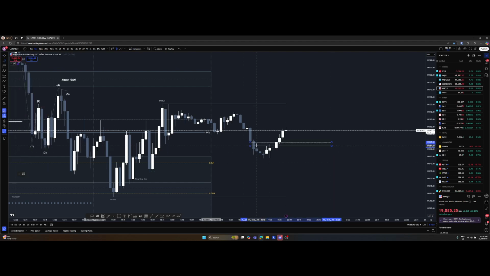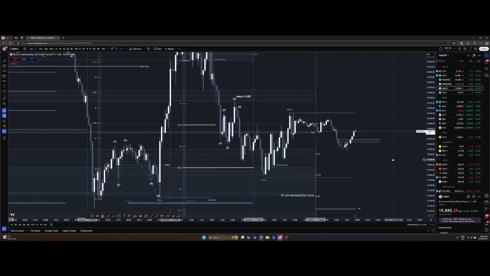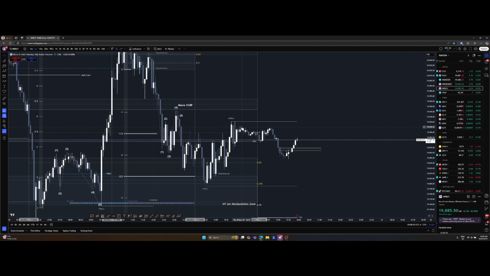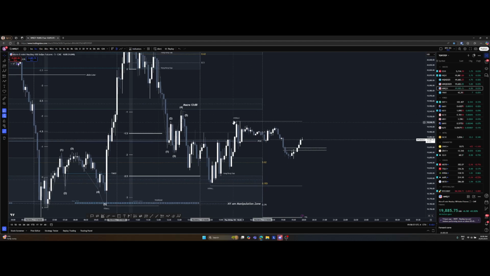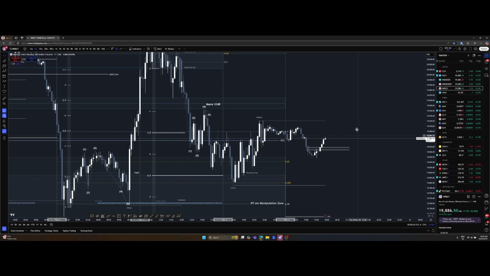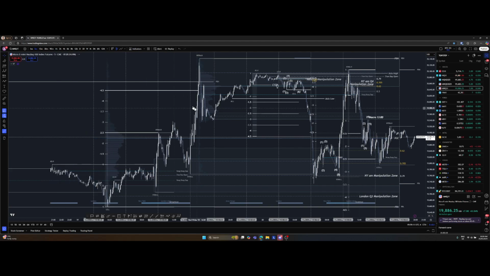Flip this. Still no 5-minute deviation to work from. Got equal highs up here. New York PM high here. PM low.